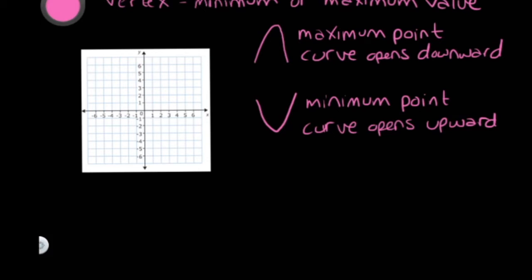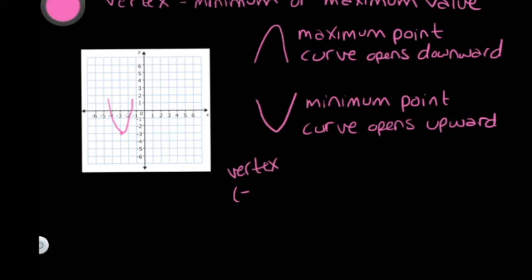And we have this parabola, the vertex of this parabola reaches down to -3, -3.